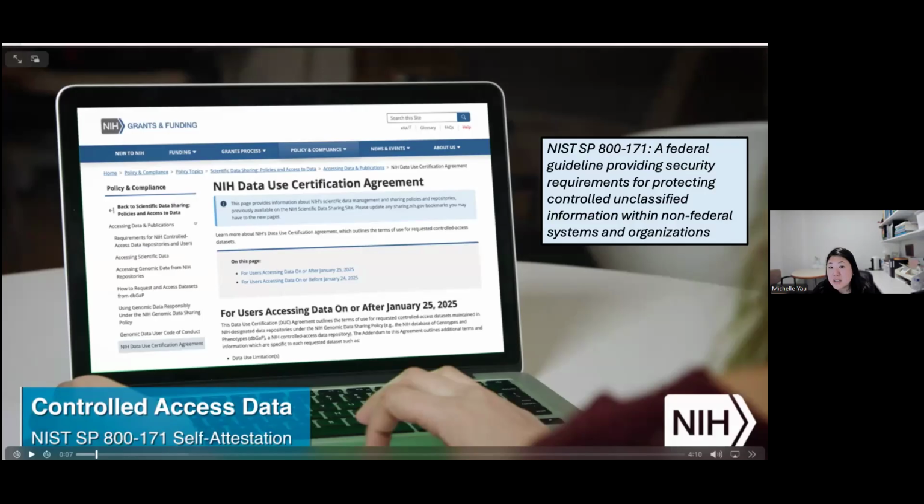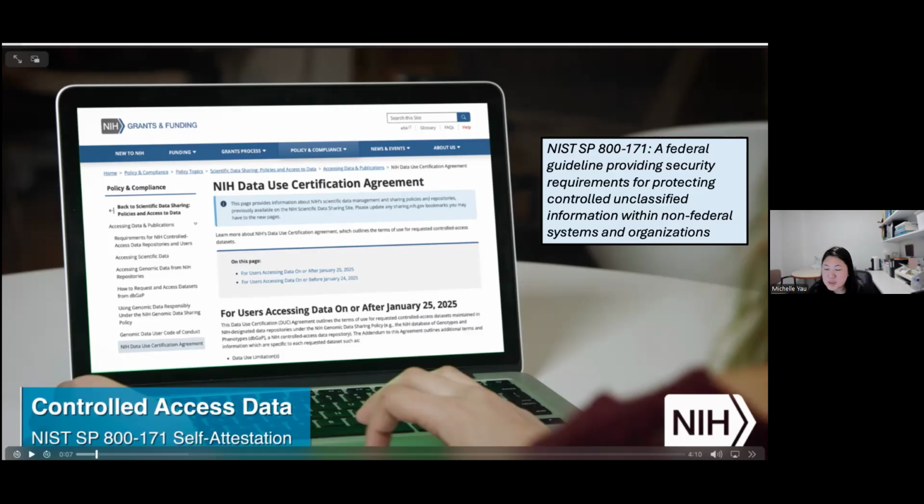So any server that you plan to put these data on has to meet the NIST SP 800-171 criteria. And so this is essentially a federal guideline that gives you the requirements that you need to protect controlled unclassified information within a non-federal system or organization. And it's just to ensure participant safety and privacy.